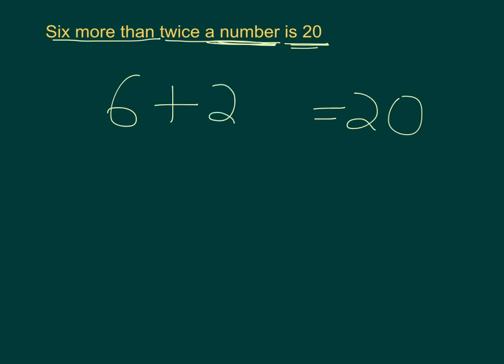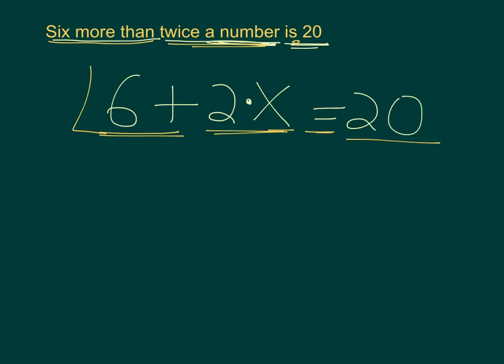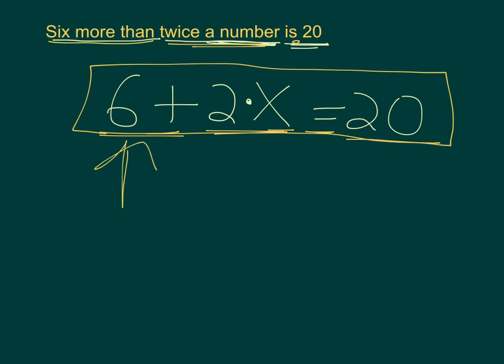So 2 times a number. So let's see if this works. 6 more than twice a number is 20. So here is my two-step equation. And you can see that it's 2 steps because I have my 6 plus there, and I have a 2 times here. So I know I'm going to have to use at least 2 steps to solve this. But I don't need to do that right now. It just says write the equation.